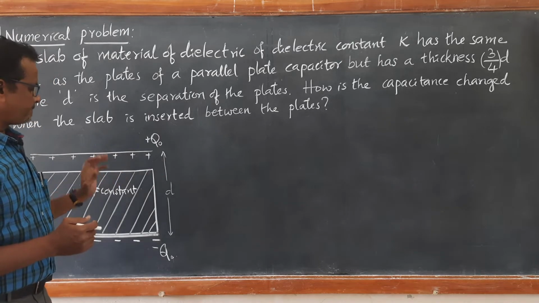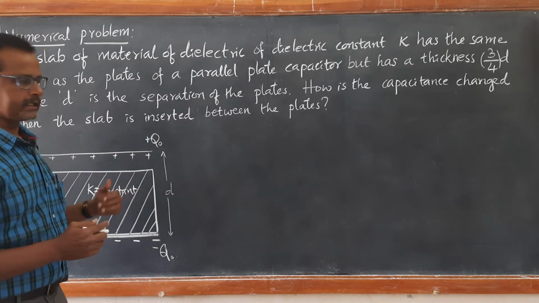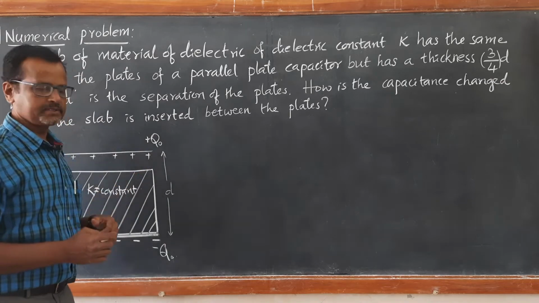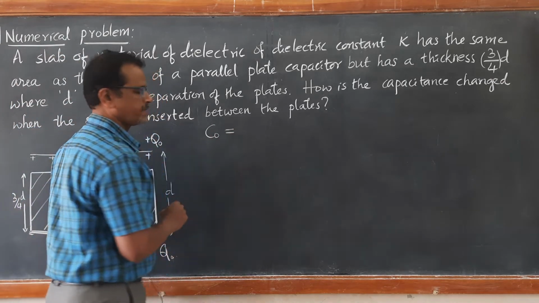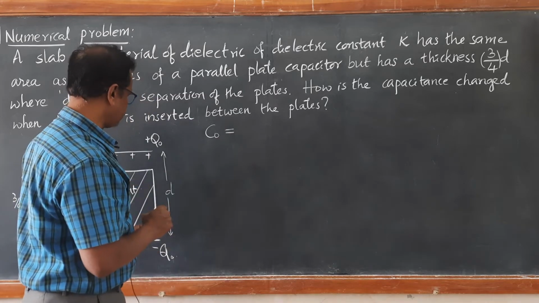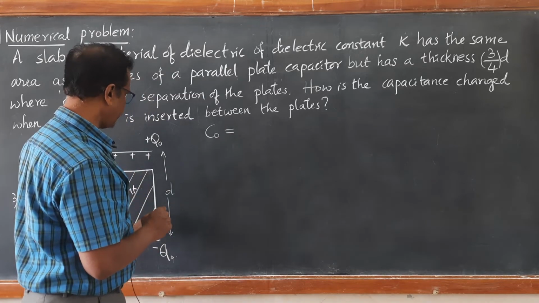So, in absence of dielectric, what is the capacitance? We know C naught is the capacitance in absence of the dielectric.